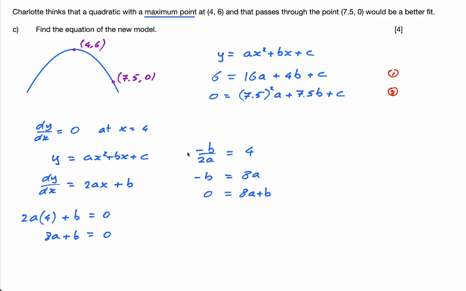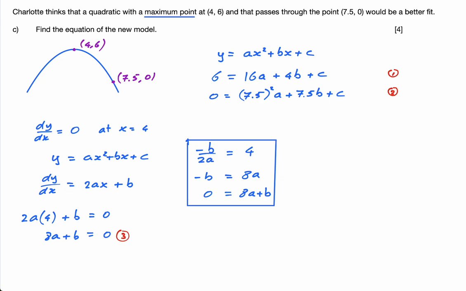Either way, I'll just put a box around this. Either way, you get the same thing. It is nice to see, guys, how things all come together. This is your calculus with your line of symmetry thing that we've done before. Either way, this is my third equation.